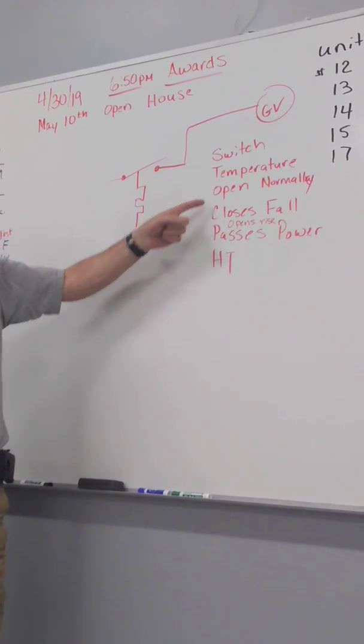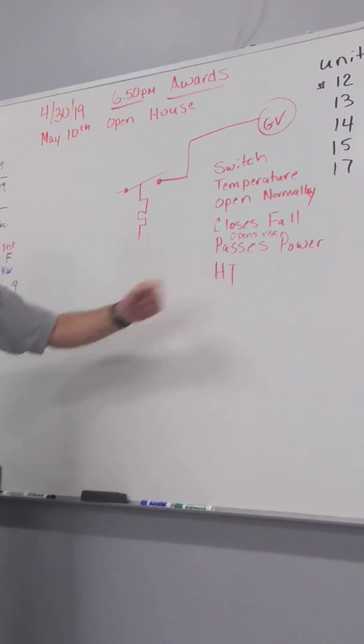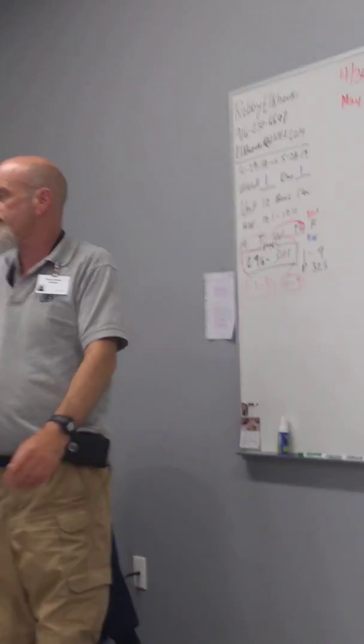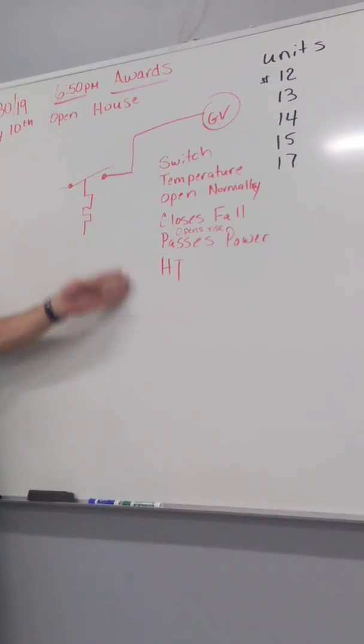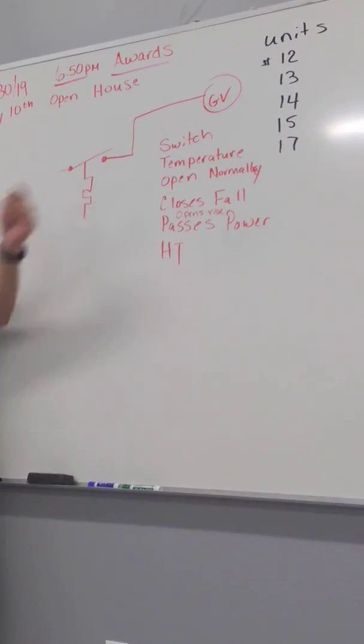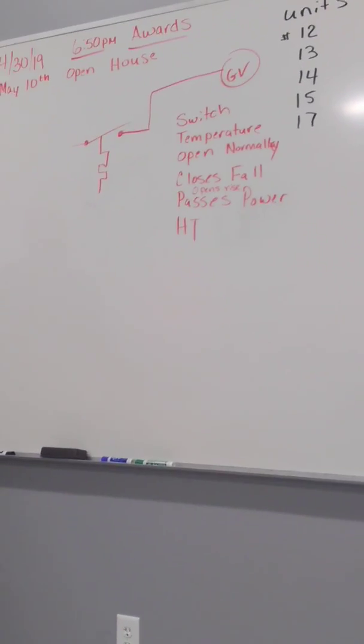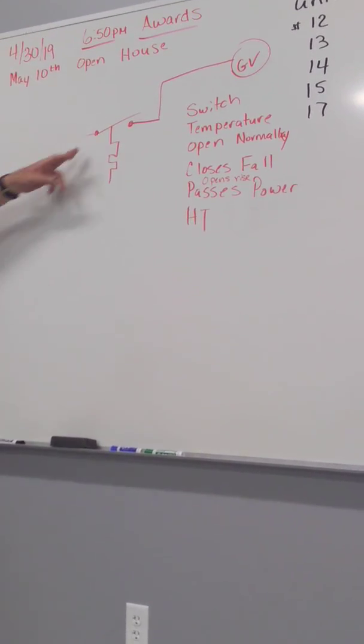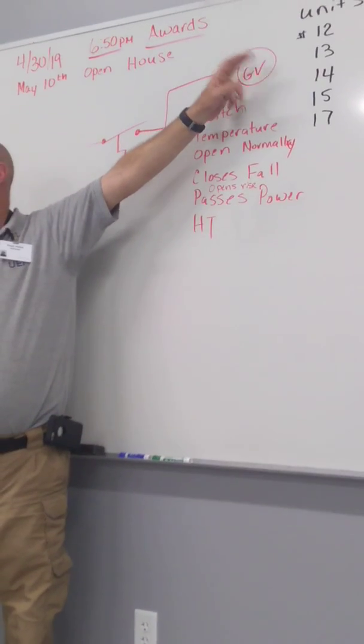So there's 1, 2, 3, 4, 5, 6, 7. There are 7 different descriptors, if you will. There are 7 different things right there that we can say about this one little switch. It's going to pass power to turn the gas valve on.